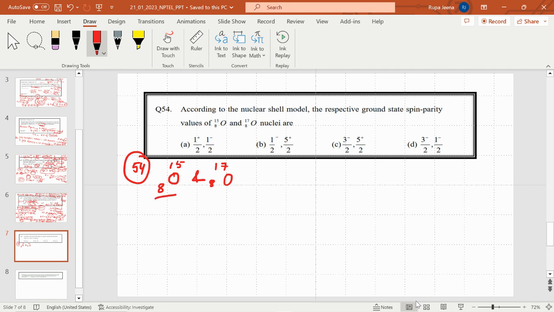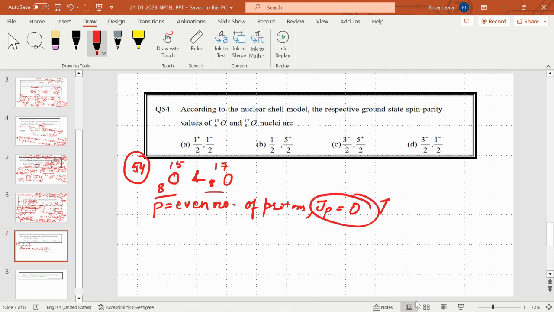Now if you see, protons are even in both the cases. When you have an even number of protons, then surely the total angular momentum due to these protons will be zero, because they will couple up to give total angular momentum zero. Whenever there is odd, you have to go for it.